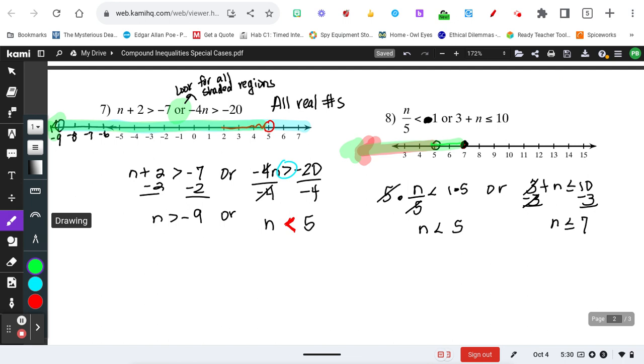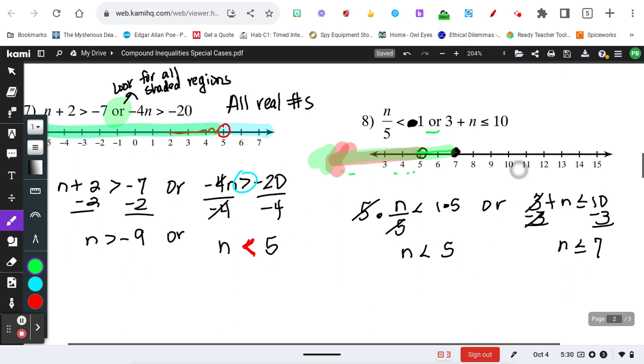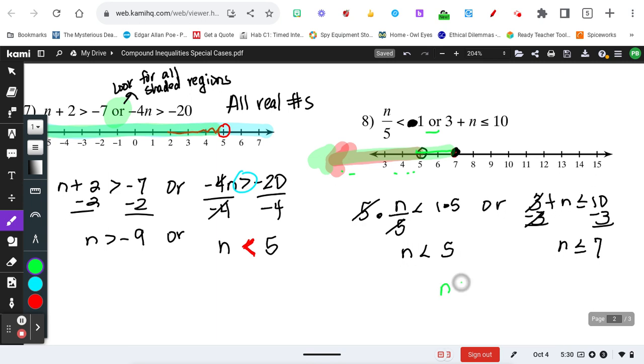Okay. So again, for OR, you're not looking for the overlap. I know it overlaps on this tail end back here, but that's not what you're looking for with OR. For OR, you're looking for anything that's shaded. And so if I just say n less than or equal to 7, that will take care of everything that's shaded because all this is shaded, okay? So you're just looking for all shaded regions on OR.